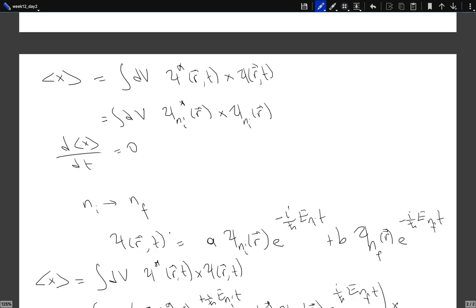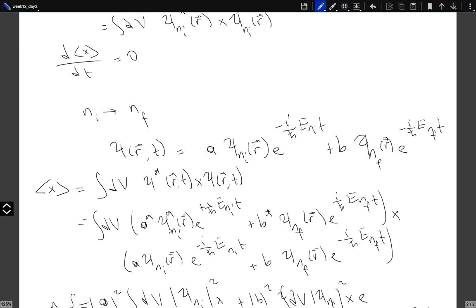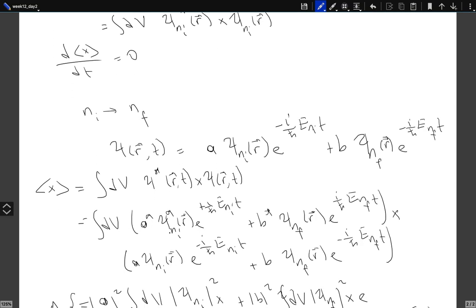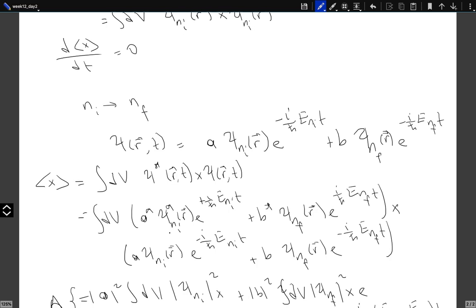When it is making a transition from Ni to Nf, from the initial state to the final state, its wave function will be given by something like this. Then we looked at the expectation value of the position for that state. And the expectation value of the position for this state, which is the state during the transition, does oscillate.